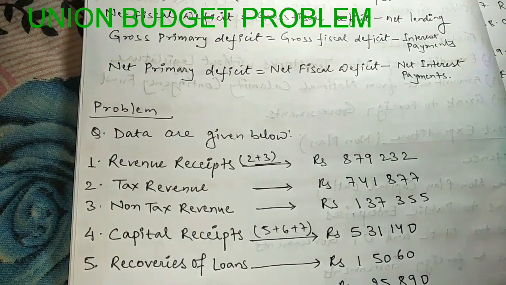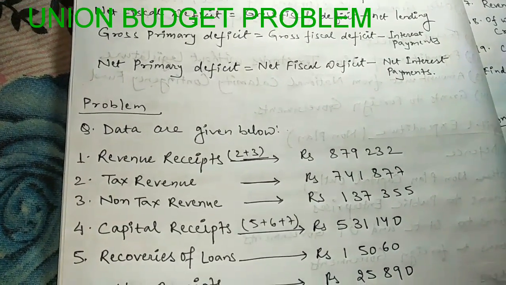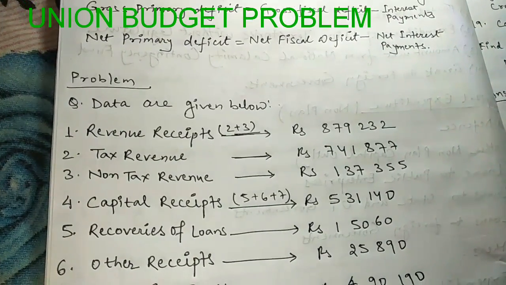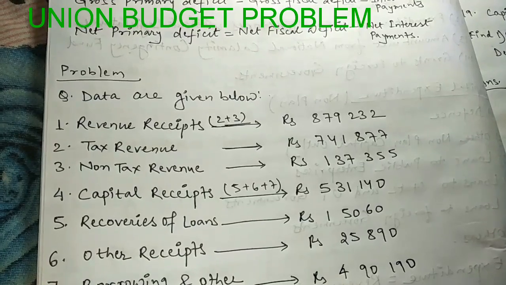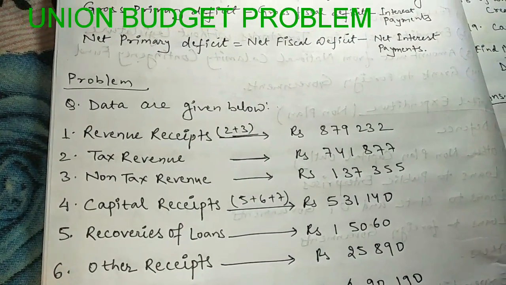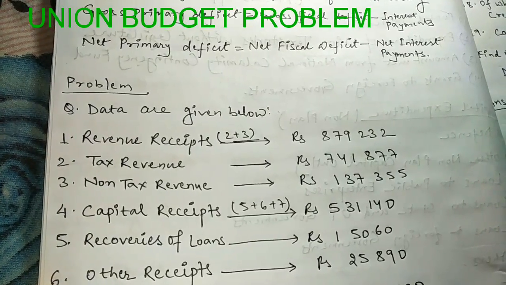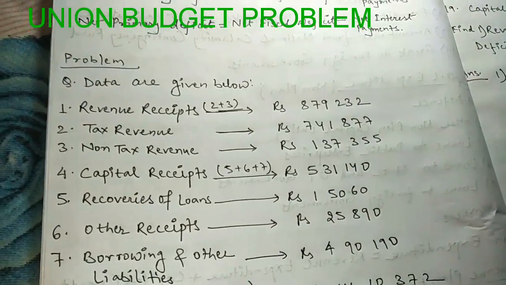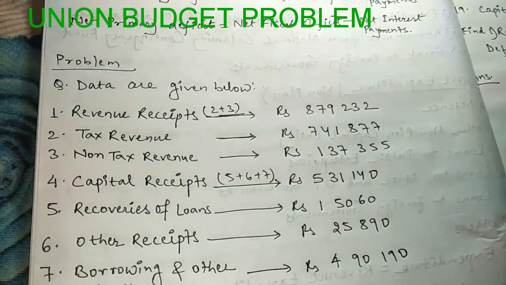Non-tax revenue 137,355. Capital receipt 5,31,140. Recovery of loans 15,060 rupees. Other receipt 25,890 rupees.